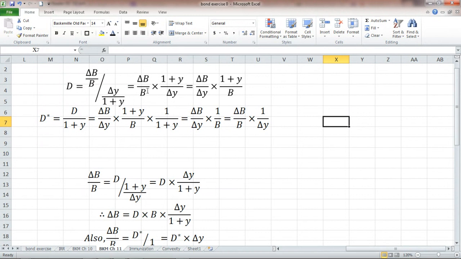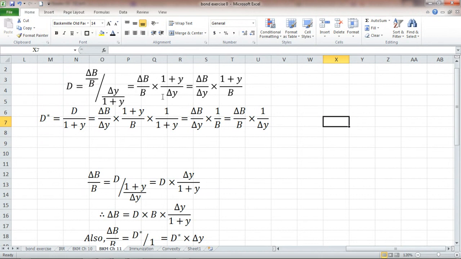And if we rearrange it, think about it. Dividing something by a fraction is the same thing as multiplying by the reciprocal. So I simply flipped this thing in the denominator. So now it is 1 plus y over change in y, times change in b over b.